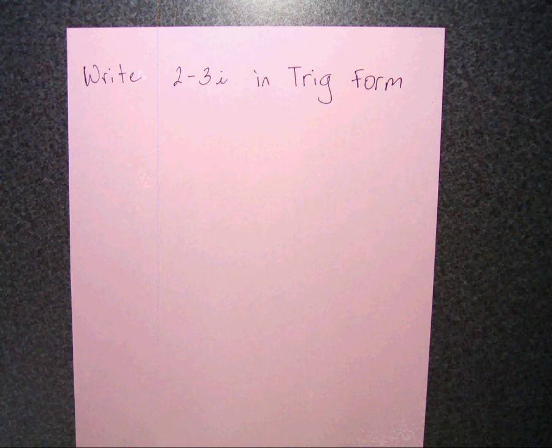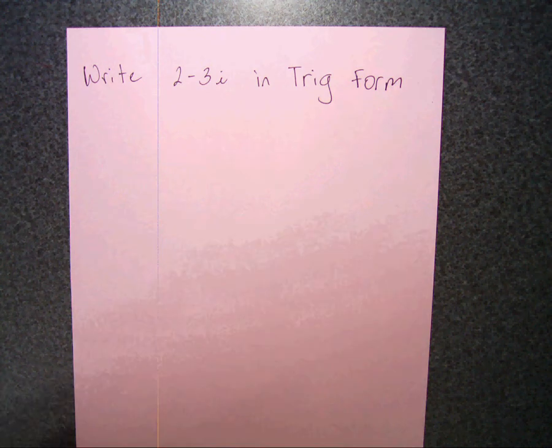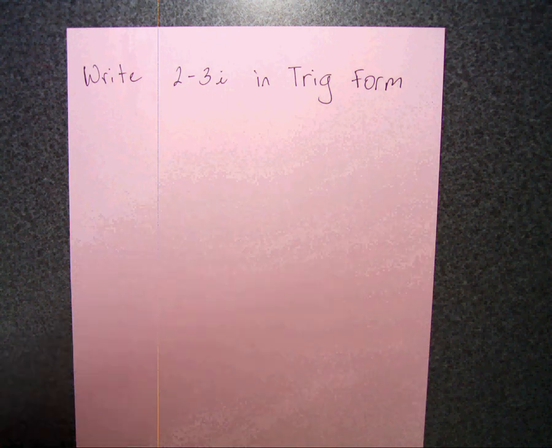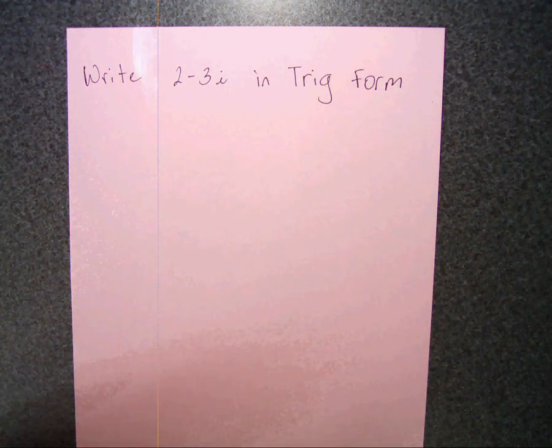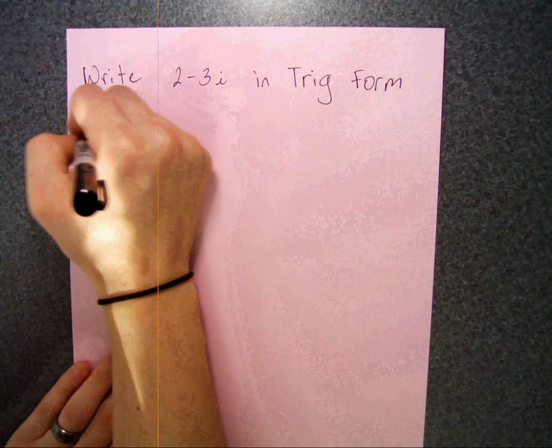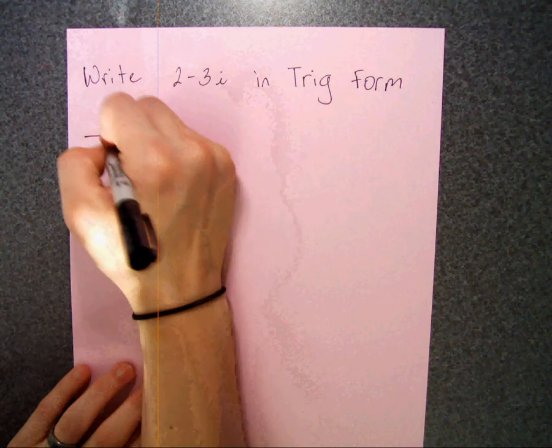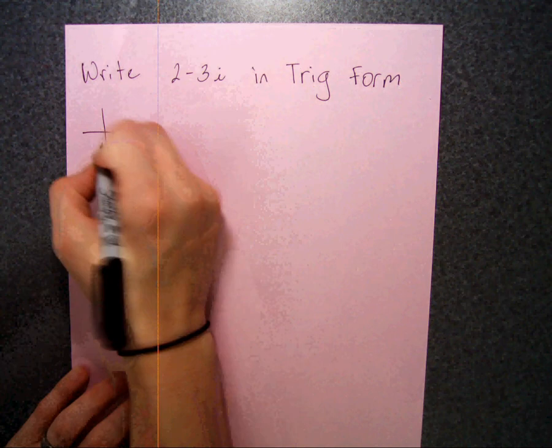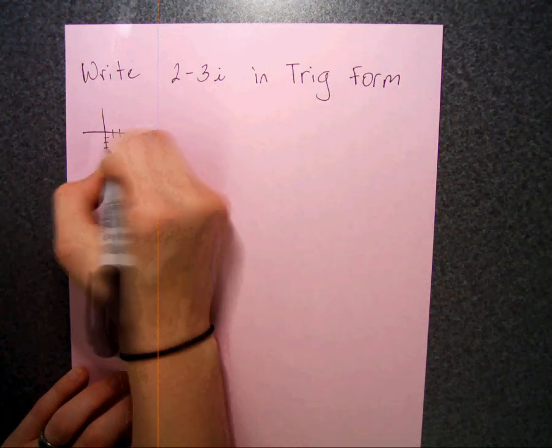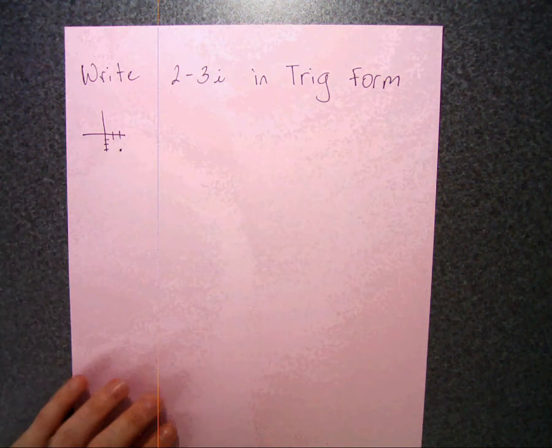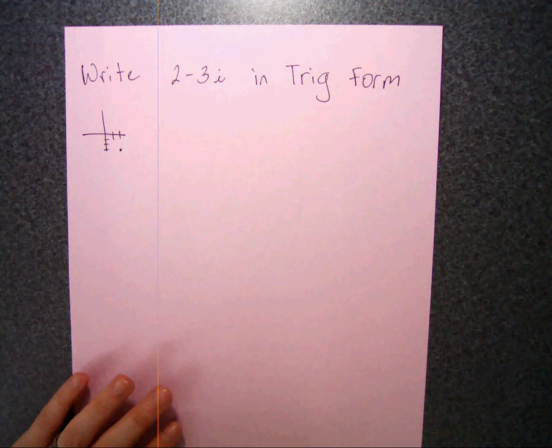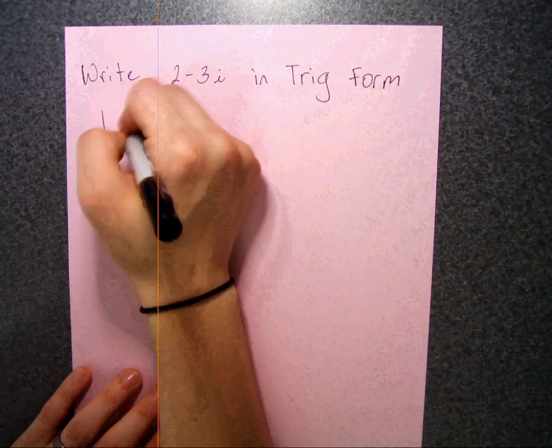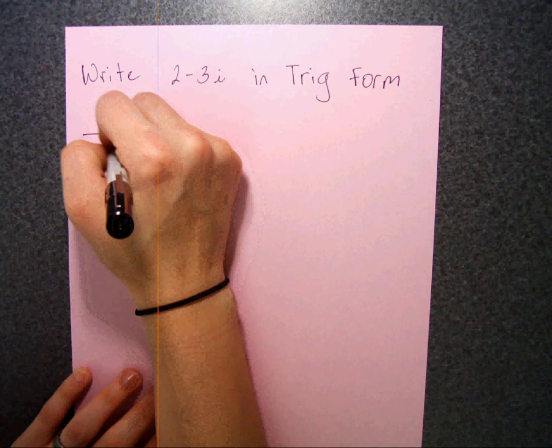So I have positive 2 on the real axis and negative 3 on the imaginary axis. So I'm right here. So I'm in quadrant 4, right? So I need to find this angle theta, and I need to find that r value. And so I'll start off and I'll find r.